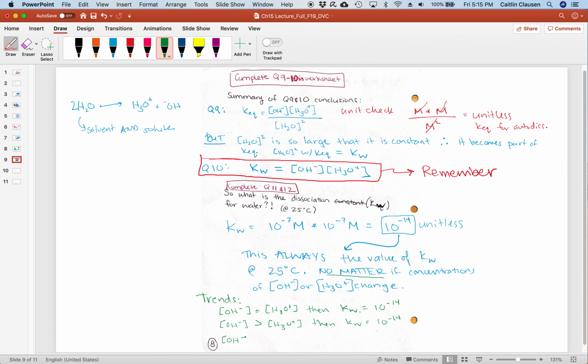And what about if OH minus concentration is lower than the hydronium concentration? Yep, you guessed it. Should be 10 to the minus 14 for the equilibrium constant. So the other thing you want to remember is this.